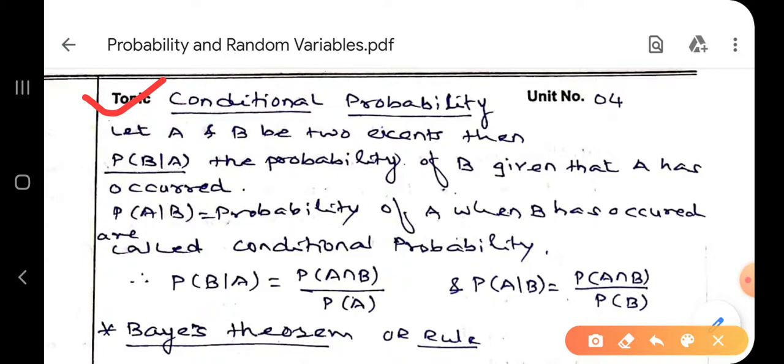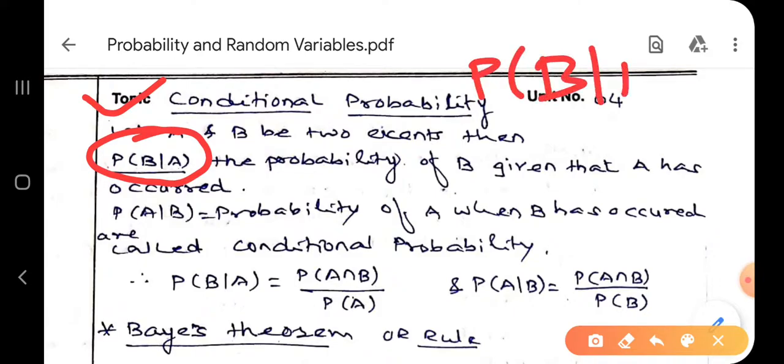Here, if I have two events, let A and B be the two events, then P of B by A is the probability of B given that A has occurred. Similarly, I can define P of A by B. So P of B by A means the probability of event B if we know that event A has occurred.